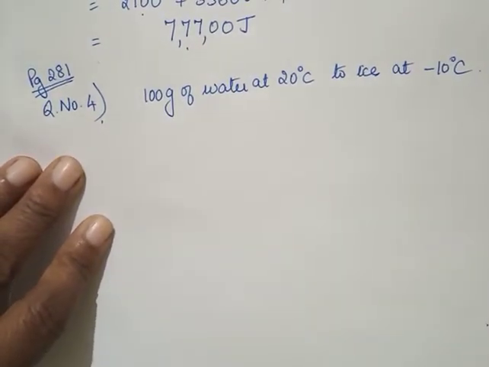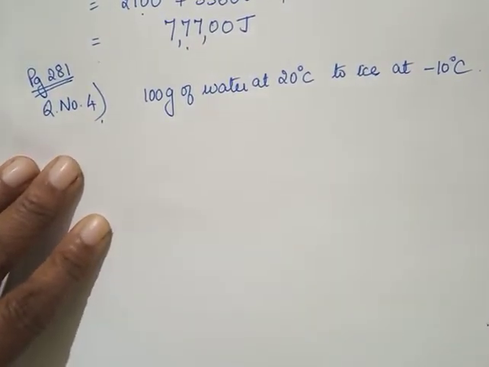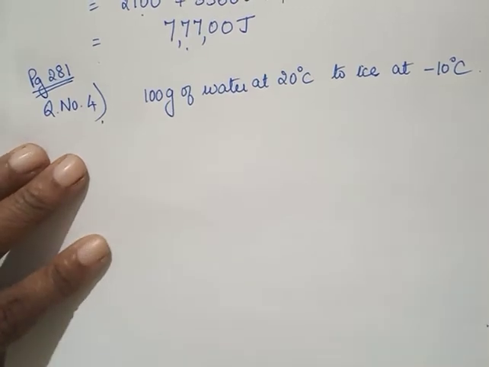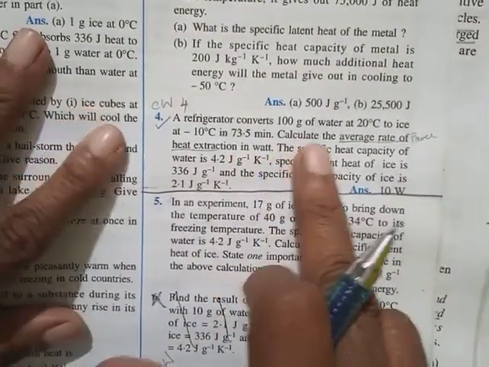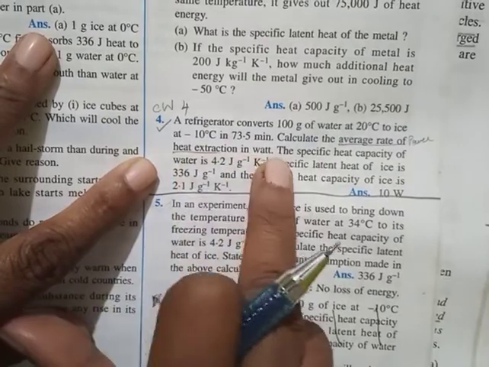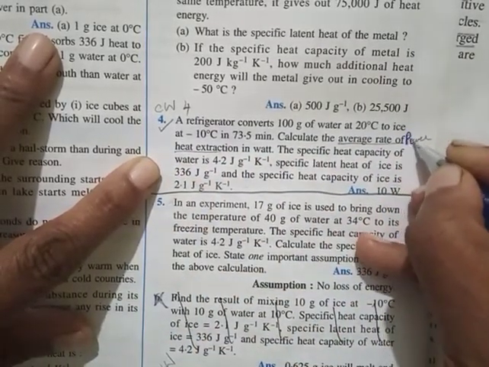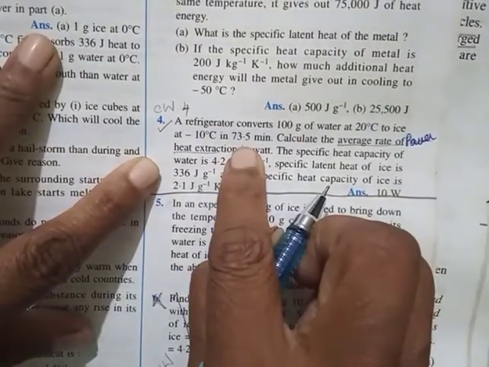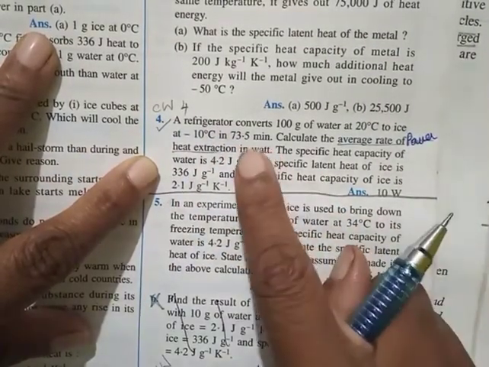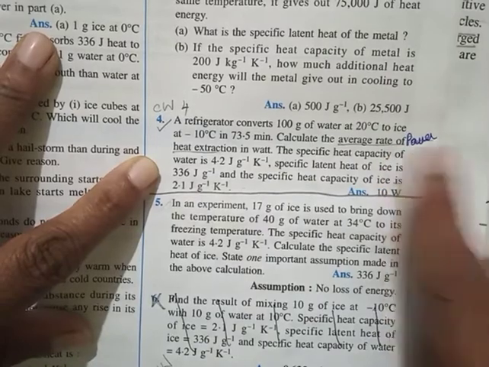The specific heat capacity of water, specific latent heat of ice, and specific heat capacity of ice are given. Calculate the average rate of heat extraction. The rate of heat extraction is basically power. They're asking you to find the power, because you know the time, so you can find the heat energy and therefore the power.